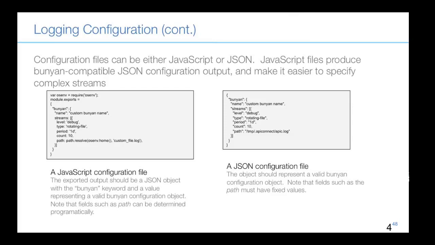And what the JavaScript allows you to do is to do some things programmatically, whereas the JSON version is more hard-coded. So you'll notice, for example, the path: in the JavaScript version, you can specify a path based on your current home directory, whereas in the JSON version, that has to be hard-coded.